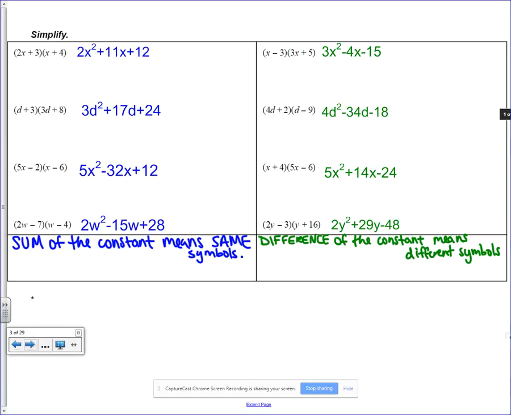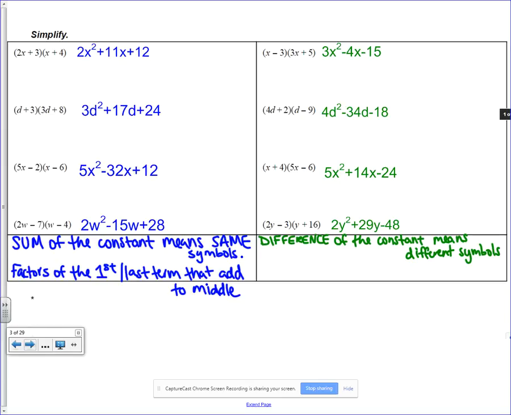You must have factors of the first and last term that add to the middle. Before, we only did the last term, correct? Which was the constant. Everybody with me? Yes, we only did the last term.